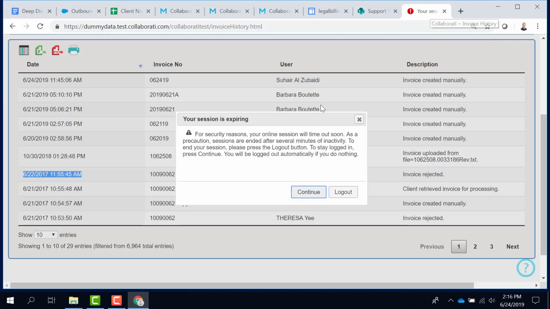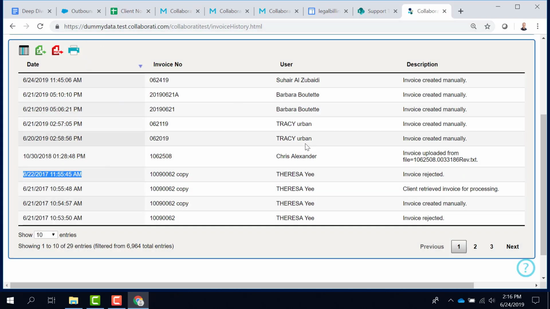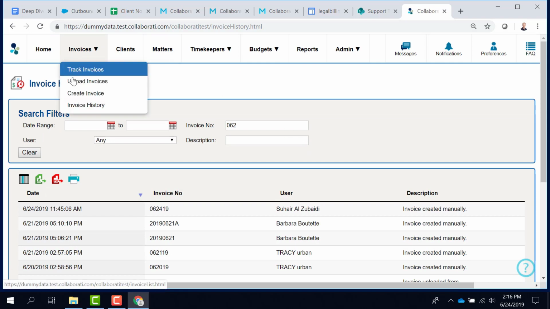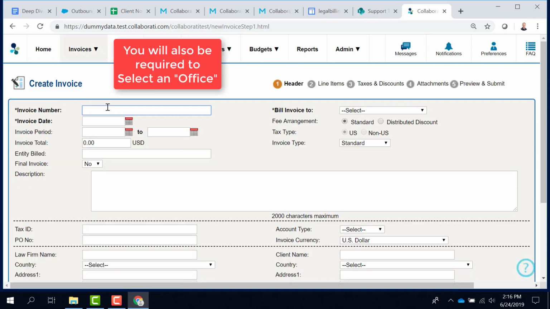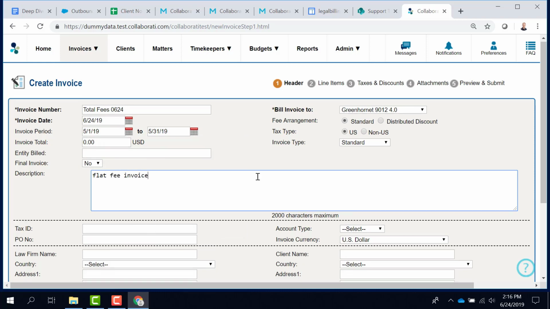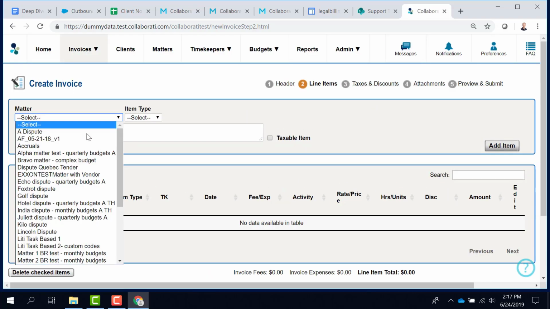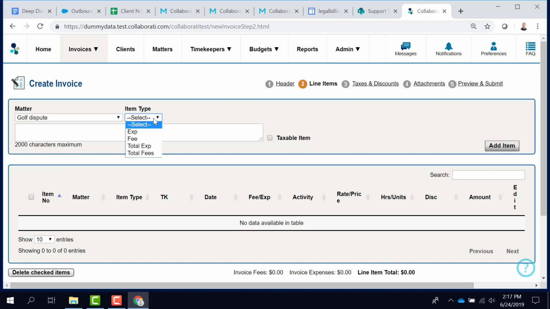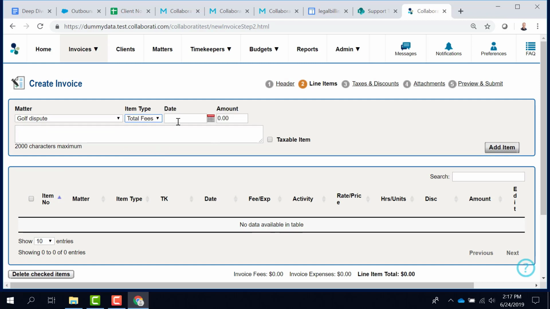Now, if you wanted to create a total fee invoice, you would go over here. You can only do this manually. You'll select your matter and then total fees.